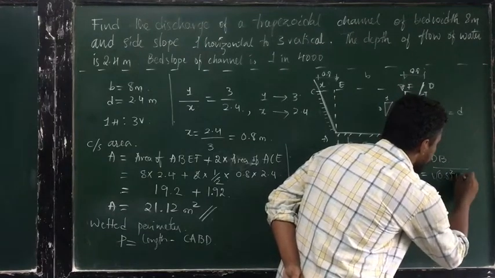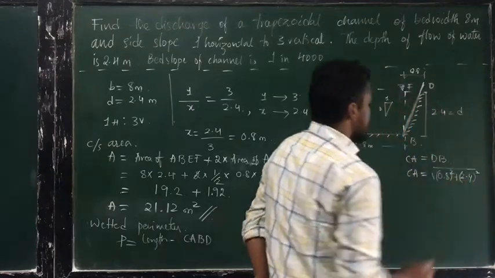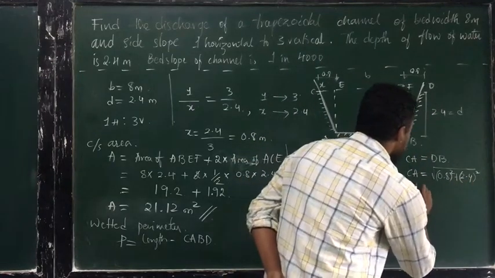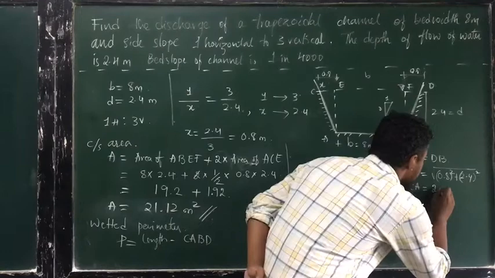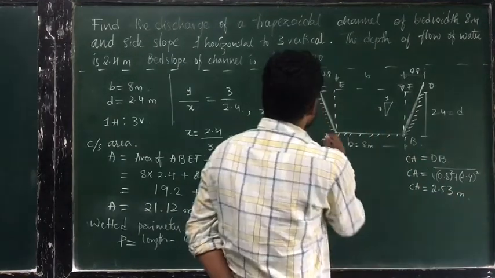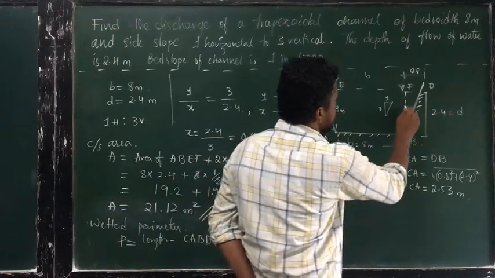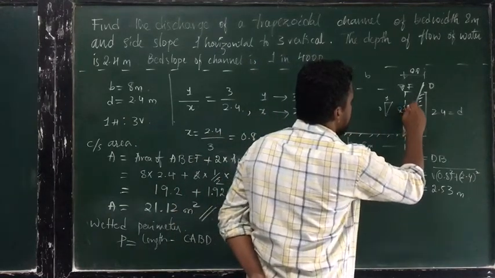So CA is equal to 2.53 meter. So this distance is 2.53 meter and this distance is 2.53 meter.